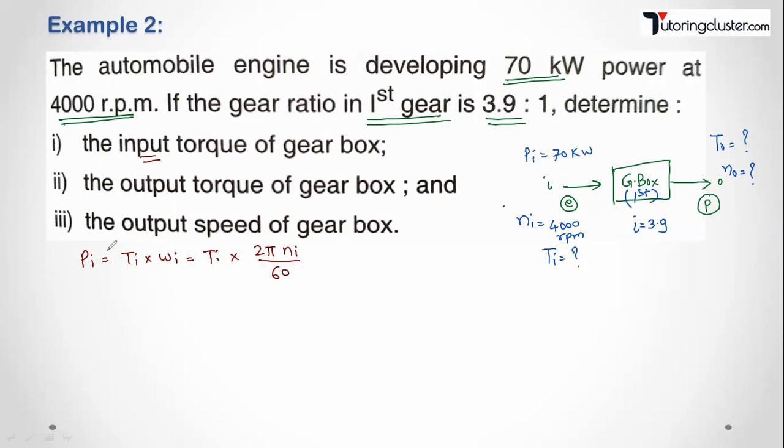Okay, now PI it is given in kilowatt, so 70 into 10 to the power 3 in watt, which is equal to TI into 2 pi. What is the input speed? 4000 divided by 60. So if you calculate this, you can calculate TI from this. You are going to get around 168 Newton meter. You can check. Very easy, right?